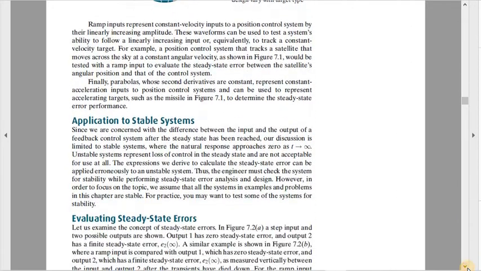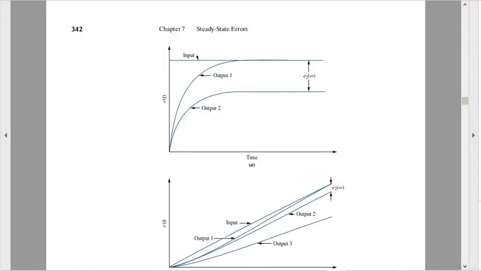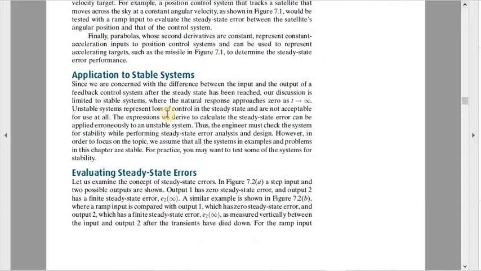Now one thing, which is the most important thing, is that whenever we discuss the steady state error analysis, the whole discussion, or the formula that we develop, is used when we have a stable system.